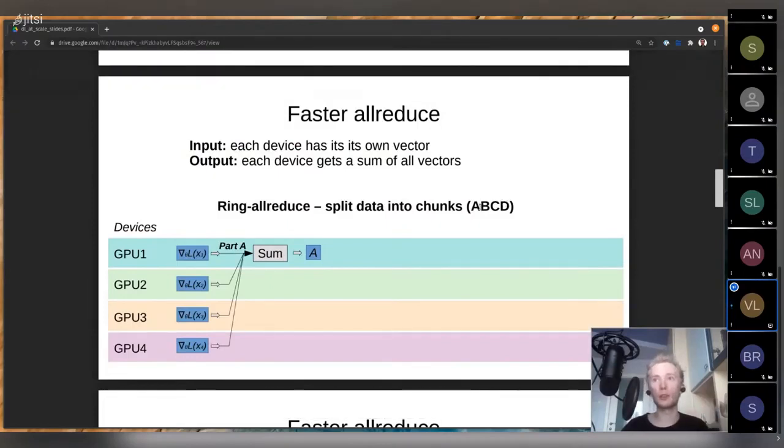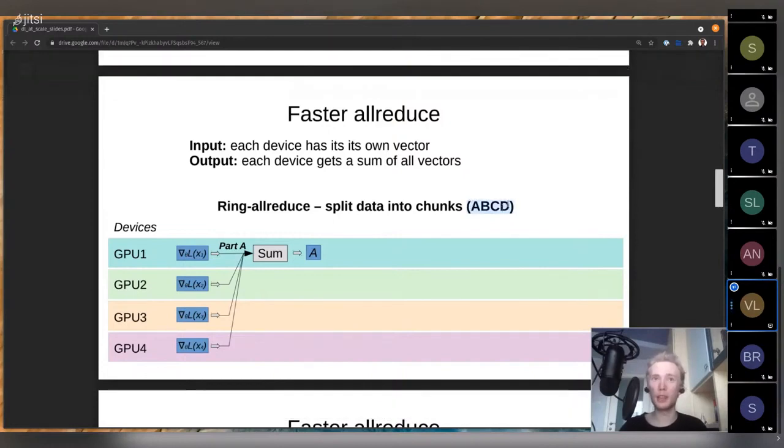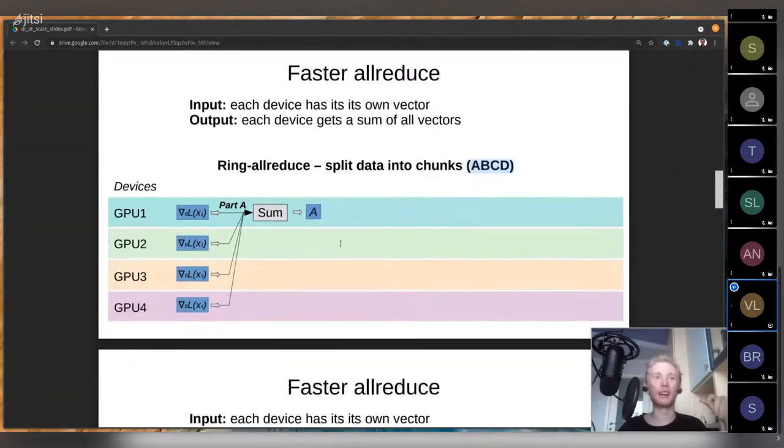We're splitting it into 4 parts by layers of the neural network. A is the beginning of the neural network, and D is the end. Then each GPU is responsible for outputting the sum over this part of the neural network.